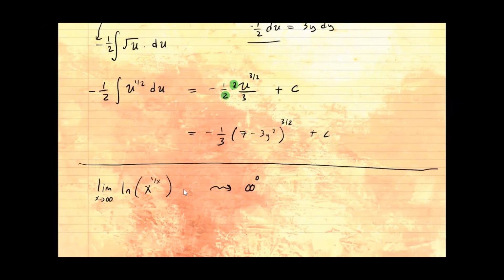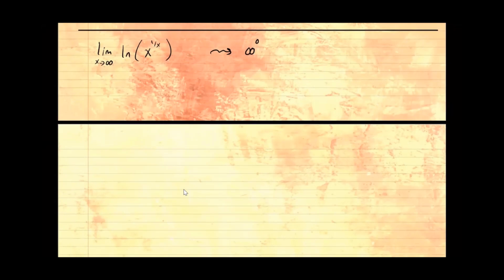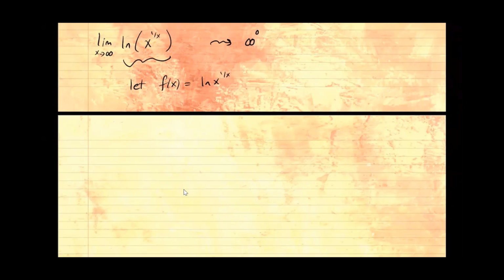So how do we approach these kinds of limits? Take the derivative. L'Hopital's rule. Right, you're gonna use L'Hopital's rule, but first you have to rewrite it. So let's do it. I'm gonna call this f of x. So let f of x be equal to x to the power 1/x. And now I take ln on both sides.